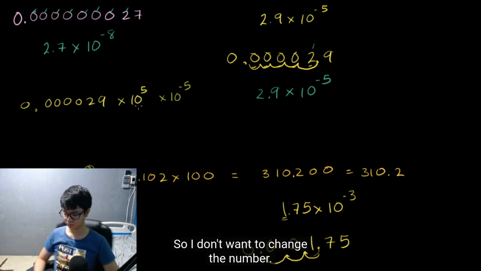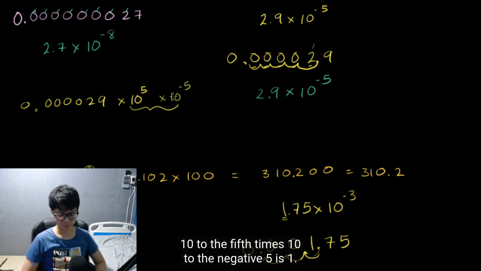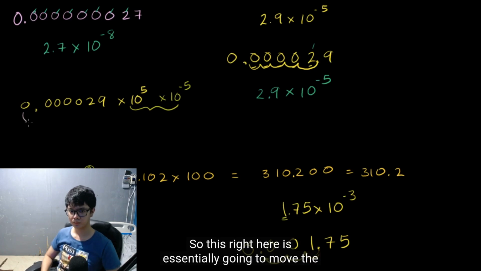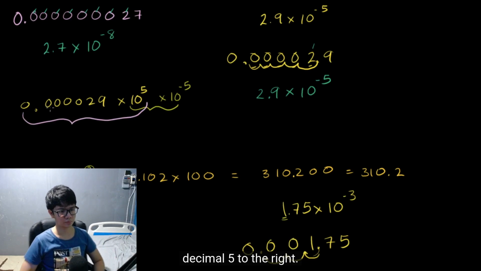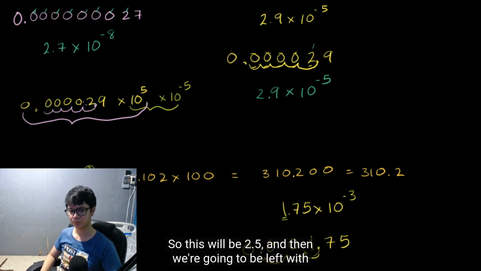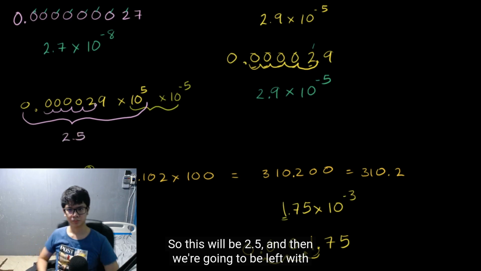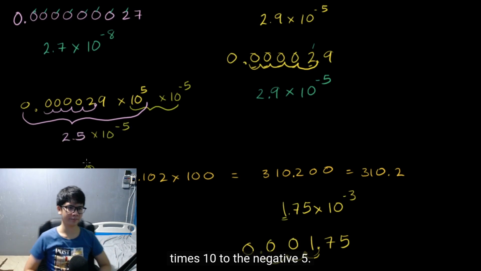So I don't want to change the number. This right here is just multiplying something by 1. 10 to the 5th times 10 to the negative 5 is 1. So this part right here is essentially going to move the decimal 5 to the right. 1, 2, 3, 4, 5. So this will be 2.9, and then we're going to be left with times 10 to the negative 5.